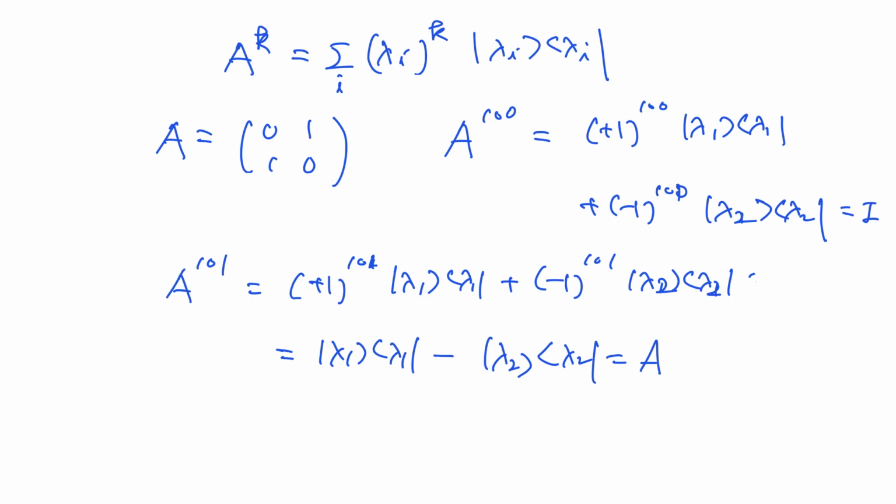So if I ask you to calculate A to the 1,000,001, so A is simply 2 by 2 matrix. So multiplying A by A takes maybe 1 second, right?